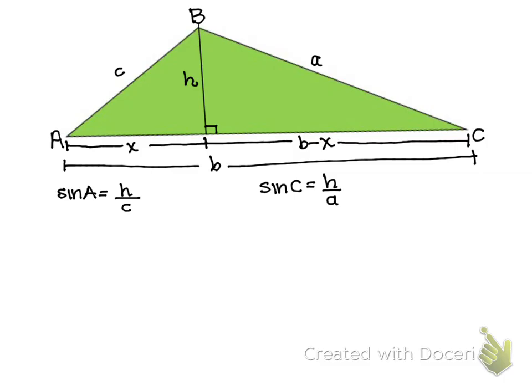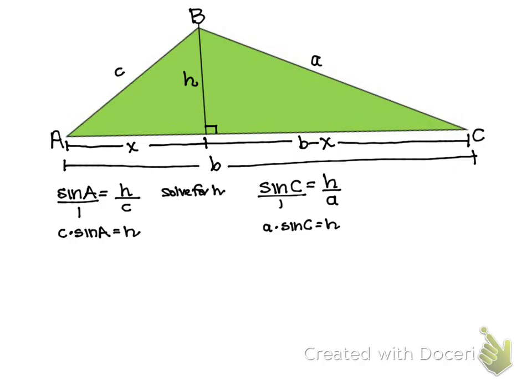Okay, let's go ahead and cross multiply this. I'm going to solve for H. If I cross multiply here, this is going to be c sine A is equal to H. And then the one over here, cross multiply, is going to be a times sine C is equal to H. Well, they both came from the exact same triangle, so the H has to be the same.